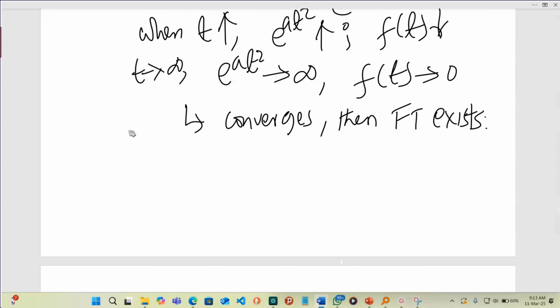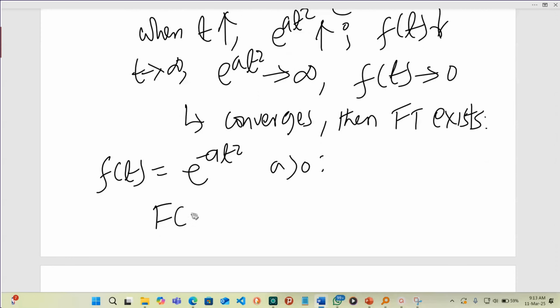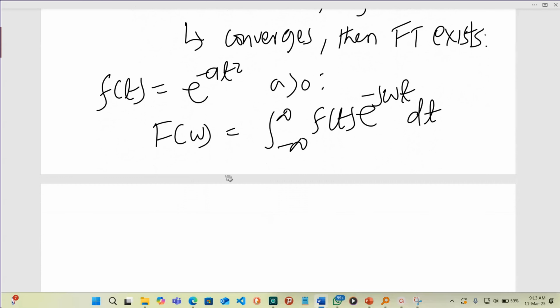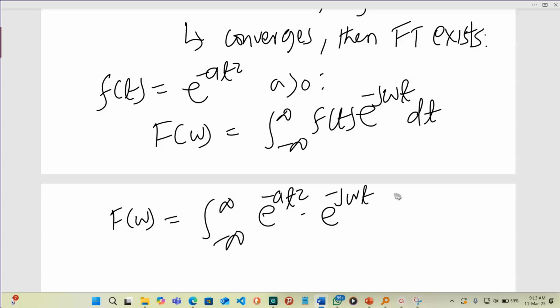So let's look for the Fourier transform. The Fourier transform F omega will be integrating from negative infinity to infinity of f of t exponential negative j omega t with respect to t. So what is f of t? We just substitute in, and this becomes F omega is equal to integrating from negative infinity to infinity of exponential negative a t squared, times exponential negative j omega t, with respect to t.